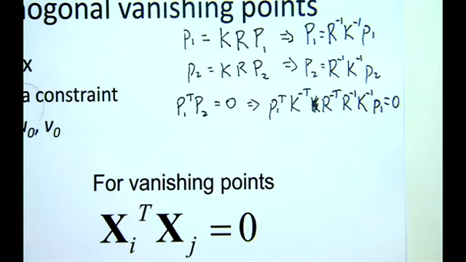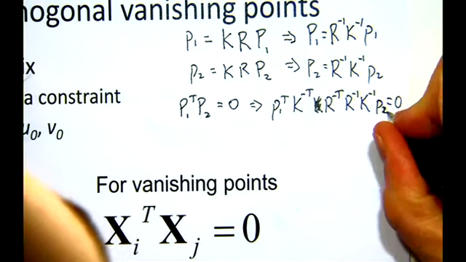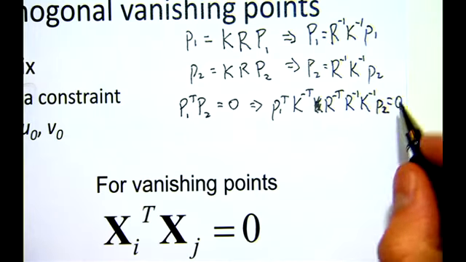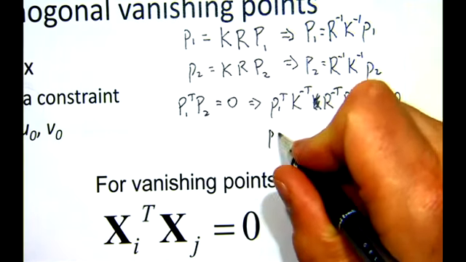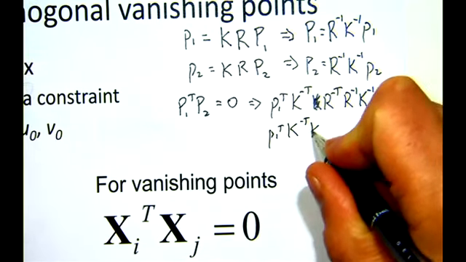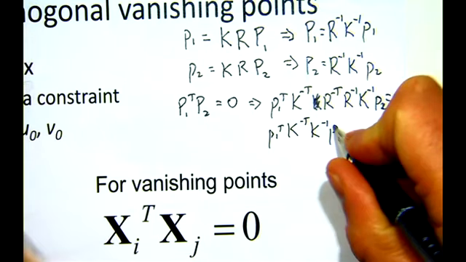So what is R inverse transpose simplified? It's R. Yes, thank you. R inverse transpose is just R, and R inverse times R is the identity. So this gives me little p1 transpose, K inverse transpose, K inverse, little p2 equals 0.